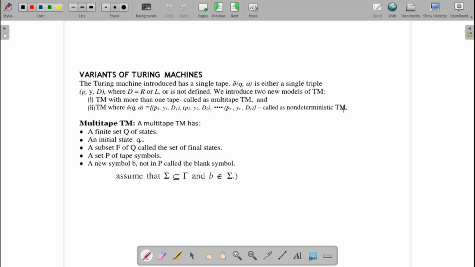To start with, there are mainly two variants in Turing machines. In a standard Turing machine, we learnt two concepts. The first one is a single tape, single track Turing machine.